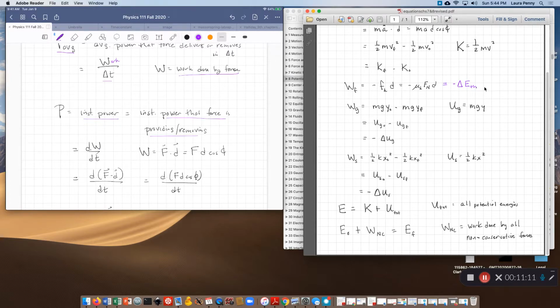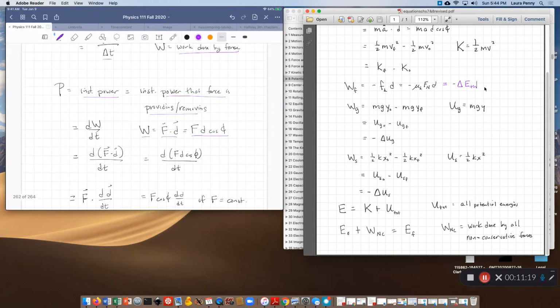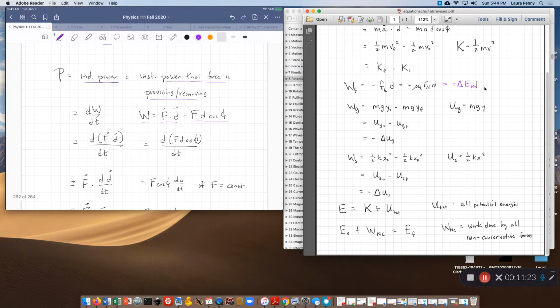Now, work is itself, right, we know it's this dot product, or we can write it out in terms of amounts. If we do it in terms of the dot product, so if I replace this W with F dot d, as long as the force is constant, I can bring the force out of this derivative and keep it over here, and then I end up with the derivative of the displacement with respect to time.